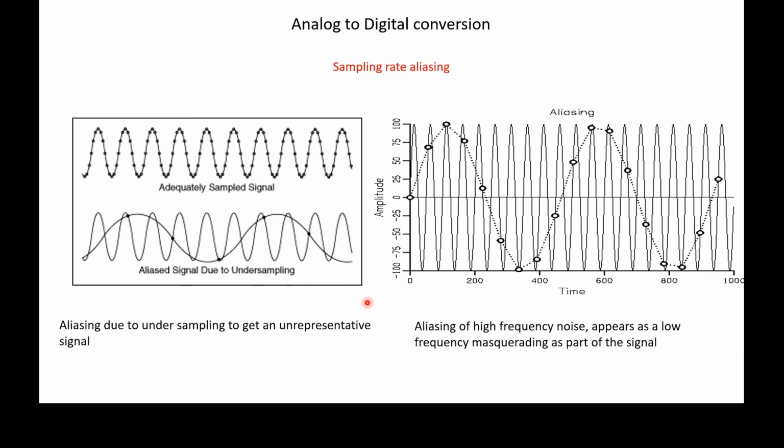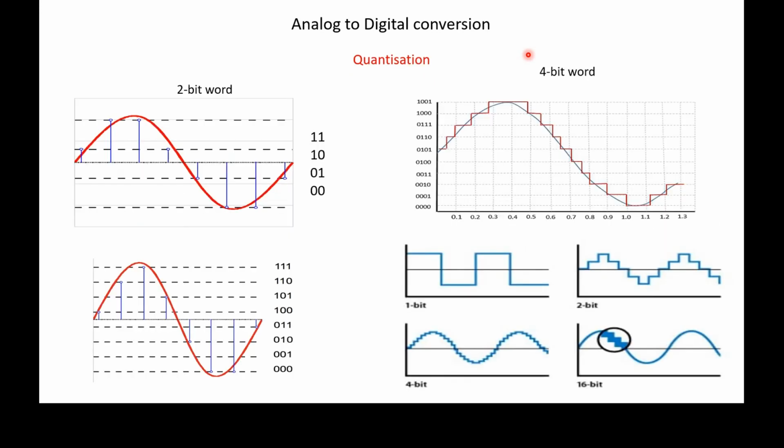That's going to distort it and lead me astray. So there we are. Aliasing of high frequency noise appears as a low frequency, which masquerades as part of the signal, but it is not there. So that's another thing that we have to be careful about. And this is why we use filters for high frequency noise.